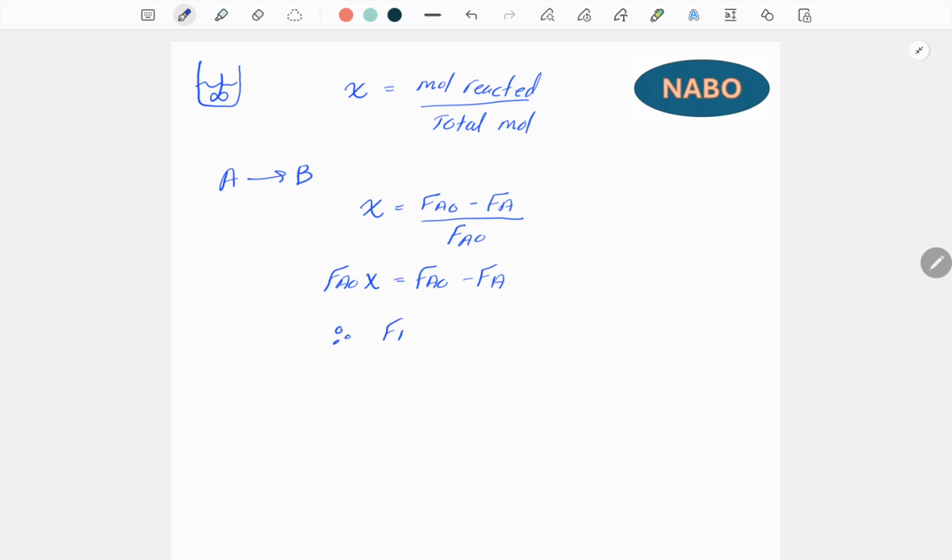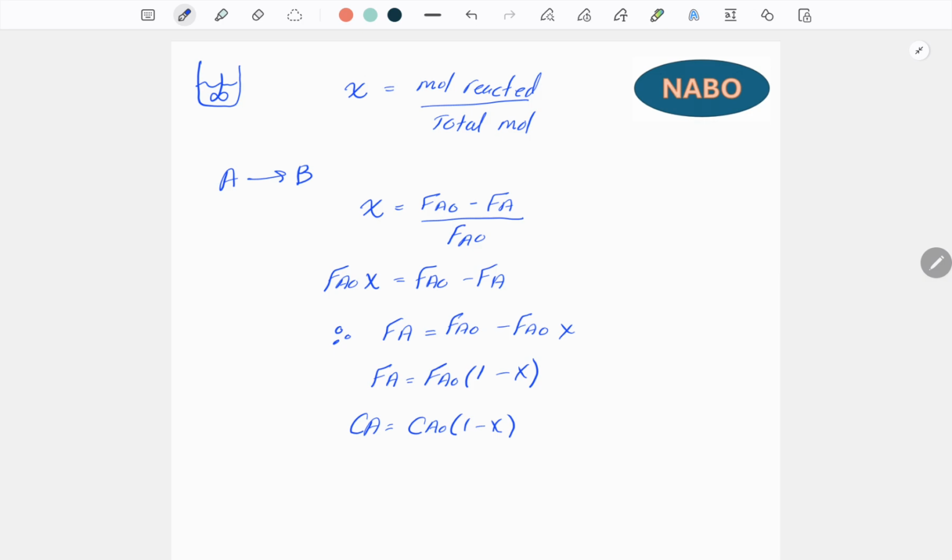Therefore, FA final equals FA naught minus FA naught X, which is FA. If we take out FA naught as a common factor, we'll be left with 1 minus X. The same could be said in terms of concentration. CA equals CA naught times 1 minus X.